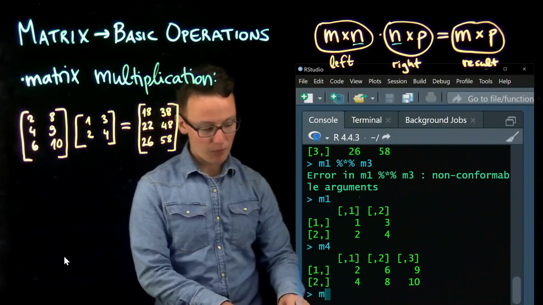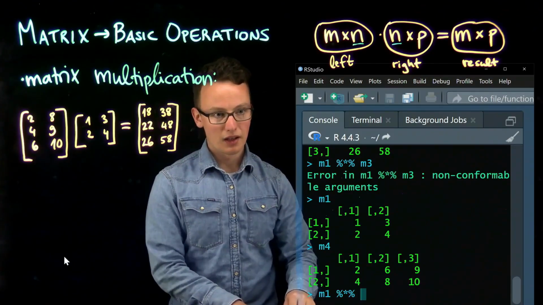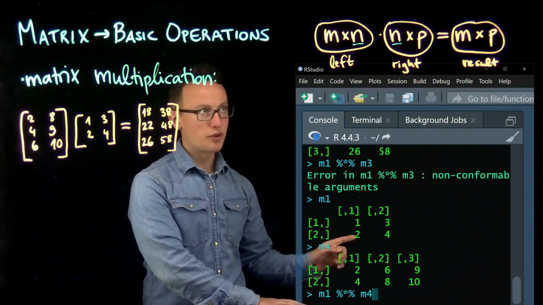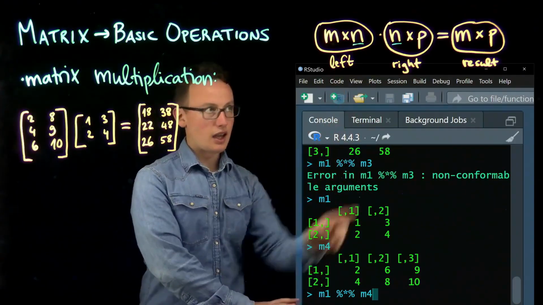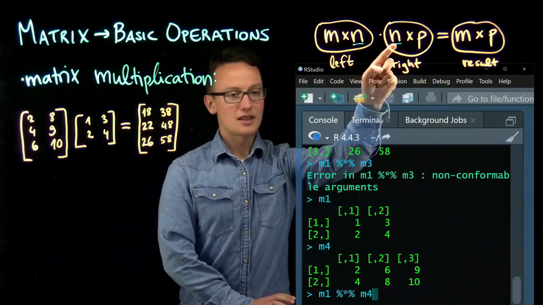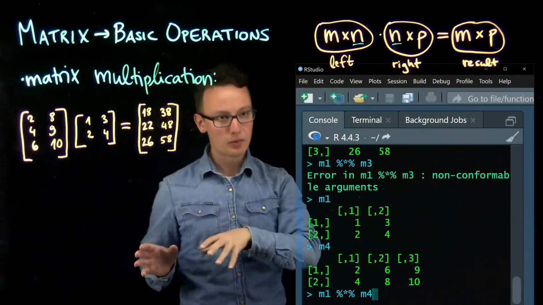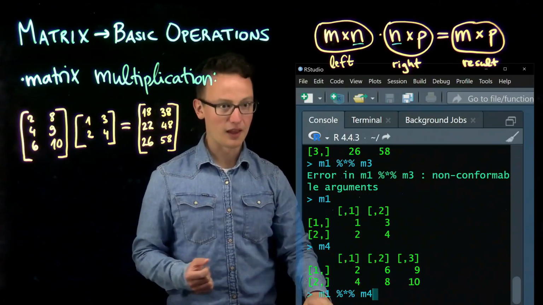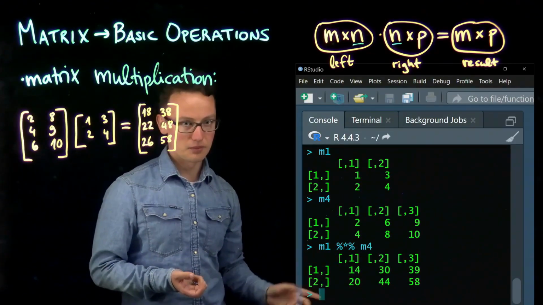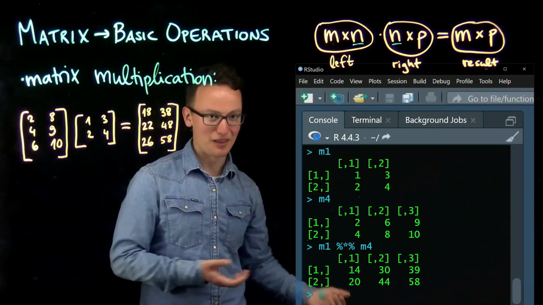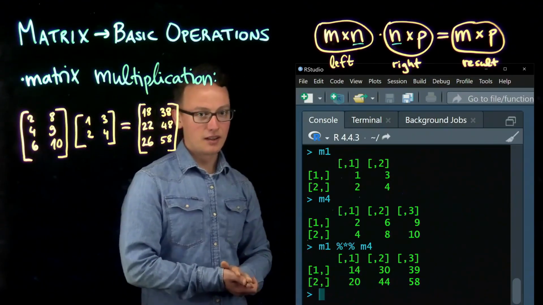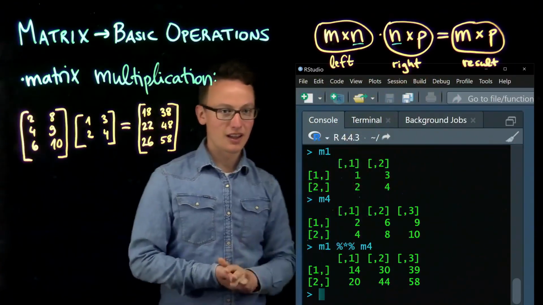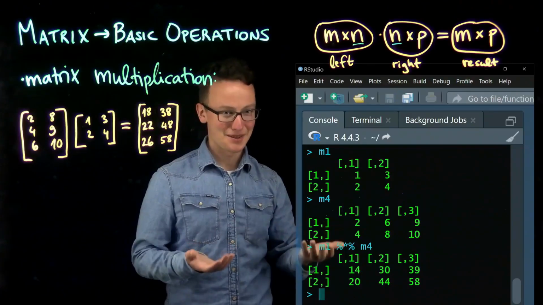So if we now do M1 times M4, that should work, because we have a 2 by 2 on the left, so n is 2, and a 2 by 3 on the right, so n is again 2. So the number of columns on the left matches the number of rows on the right. Both are 2, and that will give us a sensible result as well. There will be no error message, right? That is how we can multiply two matrices in R, given that this condition is true.